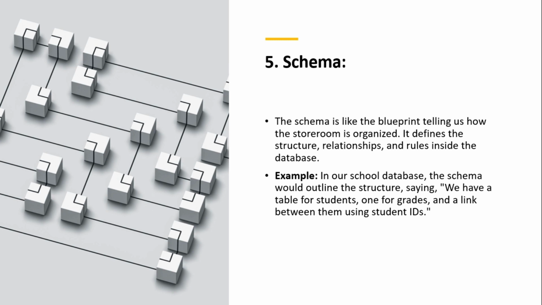For example, in our school database, the schema would outline the structure, saying we have a table for students, one for grades, and a link between them using student ID. It defines how many columns it should have, what the data type of each column is, and how the tables within the database should be linked. All these things are defined. That is called a schema.